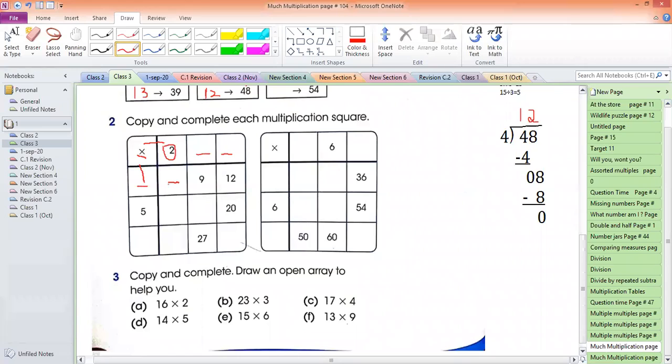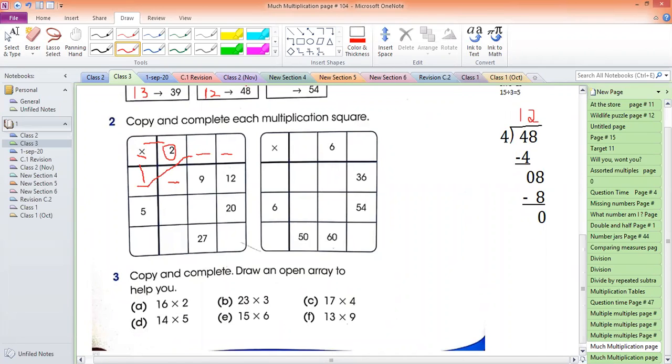What you will write before 9: if you know this number, you will multiply this number by this number, and that should be equal to 9. And if you find out this number, you multiply this by this, and surely you will get 12.